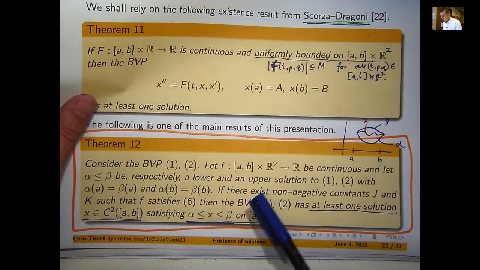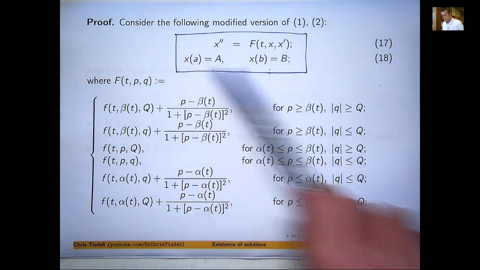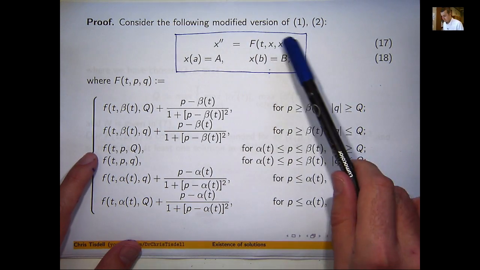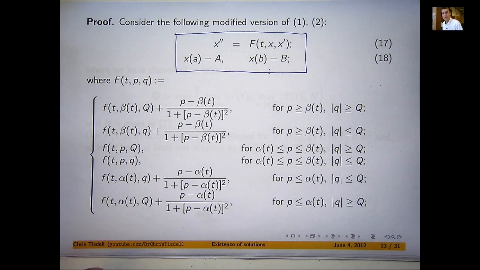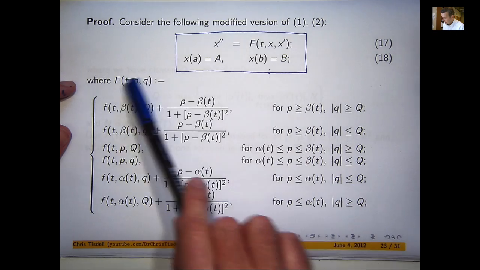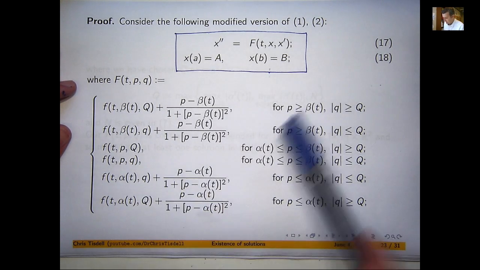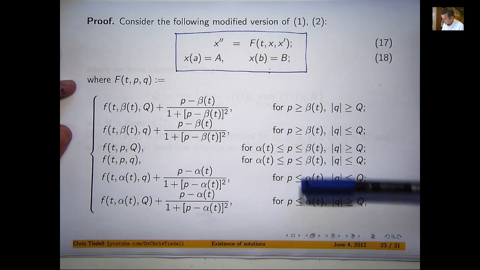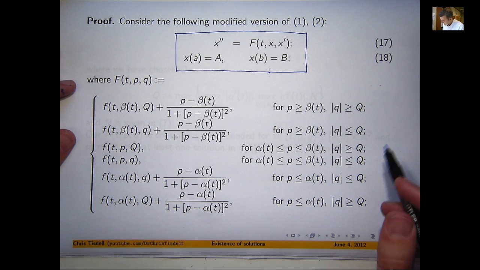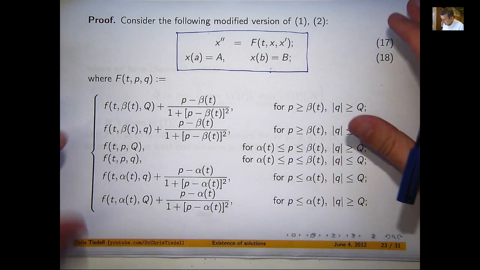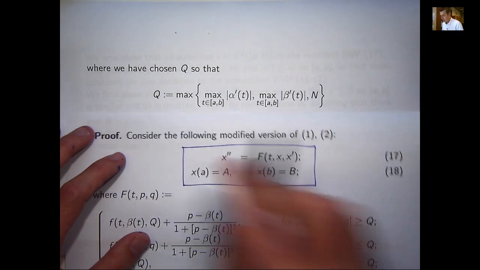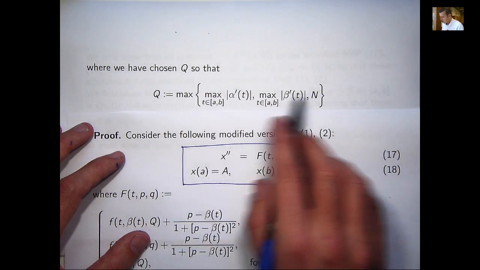Instead of worrying about the boundary value problem 1, 2, let's form a new boundary value problem where the right-hand side is continuous and uniformly bounded. I can do this using a so-called modified function approach or modified function method. I'm going to define, in this context, big F to be the following. Now I've defined it on different regions here. You can see a big Q is going to be some number that's chosen out of the maximum of these three things.